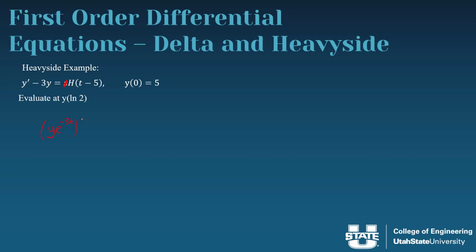I'll do that to this side, multiply our integrating factor over to the other side, then take the integral of both sides. The bounds of our integral will be 0, because that's when time starts, and go to infinity.